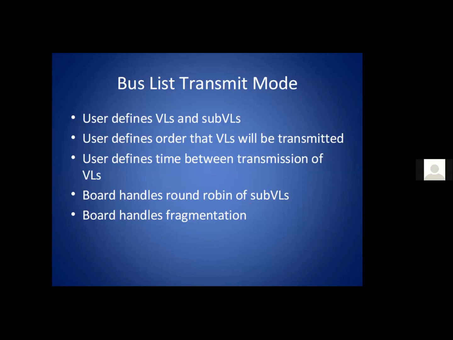Effectively, you're taking away the need for a BAG, which means that you can do a lot of illegal stuff. You can have something transmitting not every 4 milliseconds, but it's under your control. You can do what you want. And if you want to do something illegal to see how your end system handles it, that's perfectly fine.